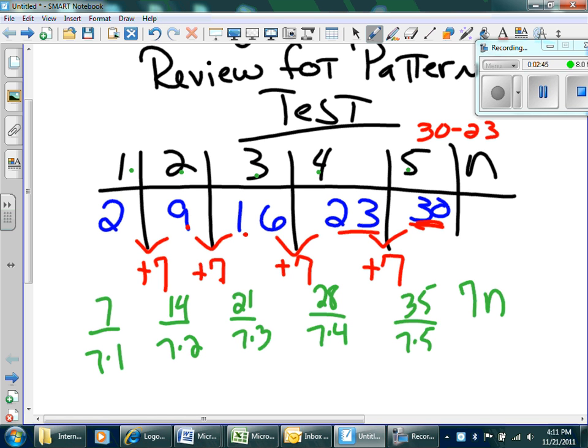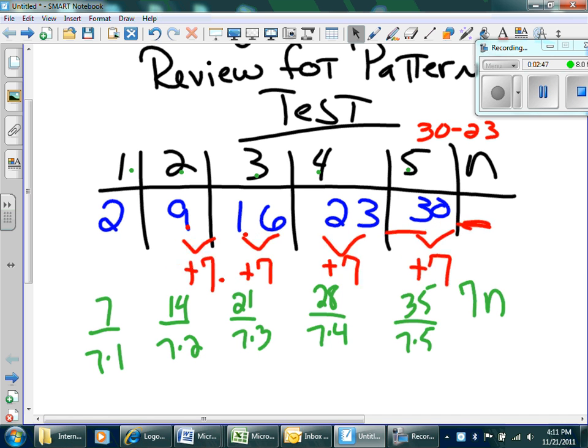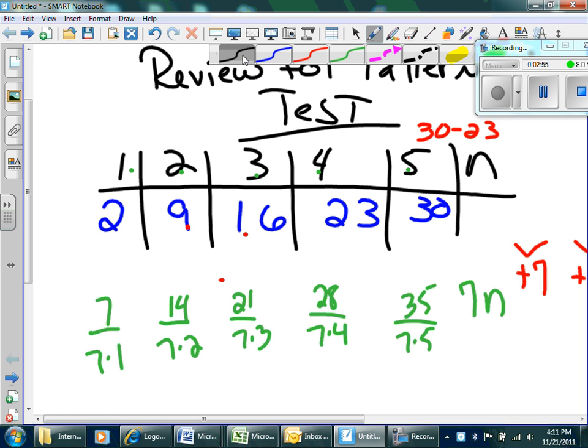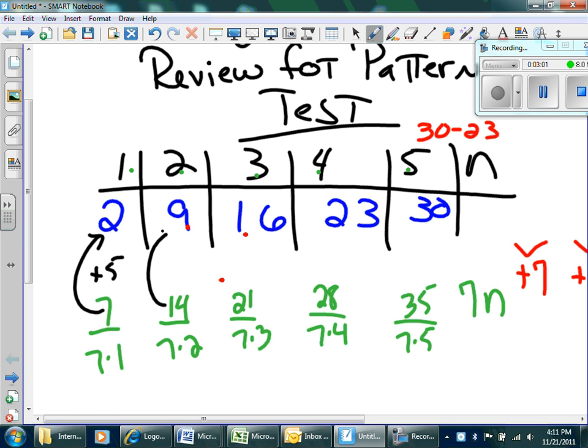Now, I do my comparisons. These are kind of in my way, so I'm just going to move them out of the way. And I'm going to compare. I always compare up, right? How do I turn 7 into 2? I add 5. How do I turn 14 into 9? Oh my goodness, Mr. Lawrence, silly mistake. I always compare up.